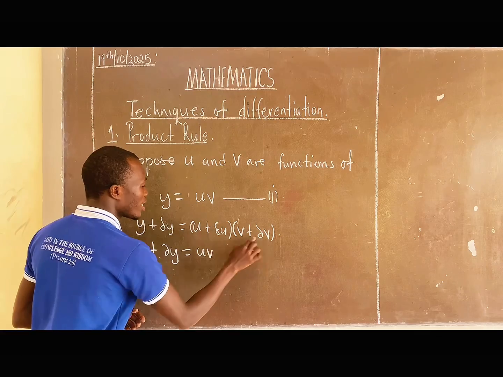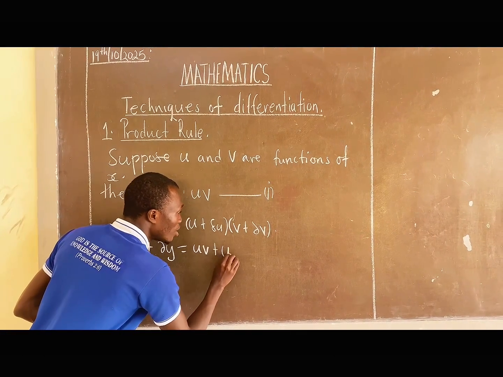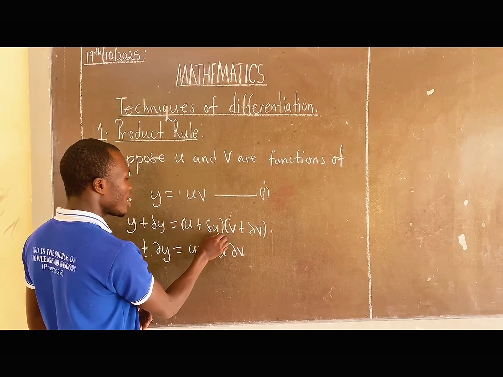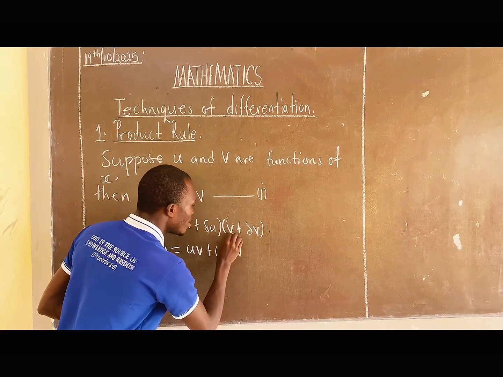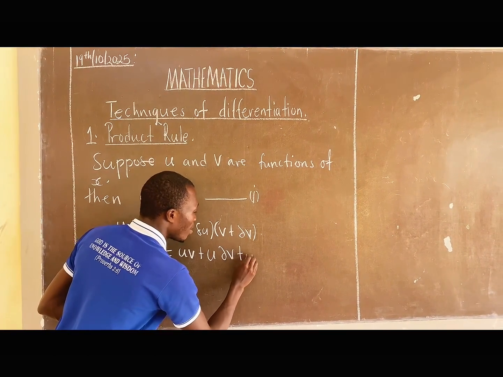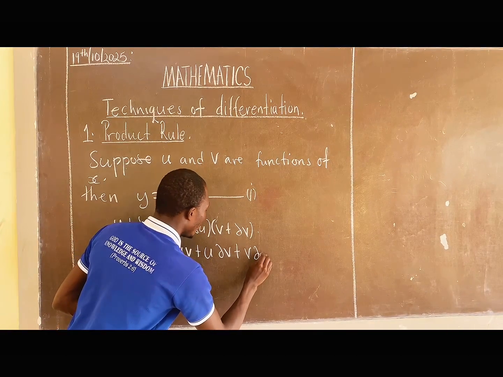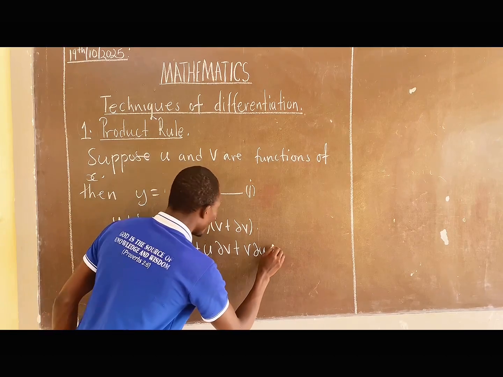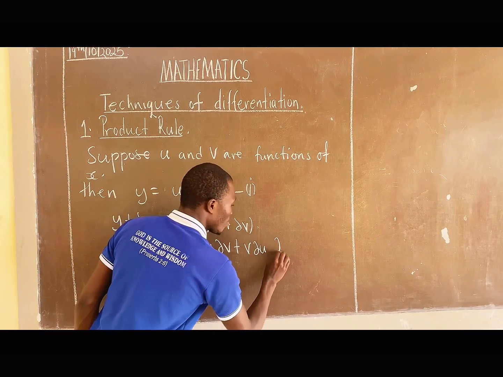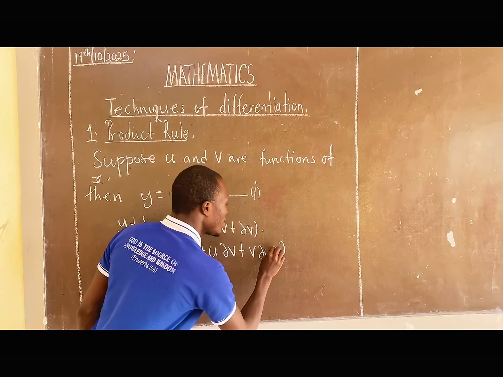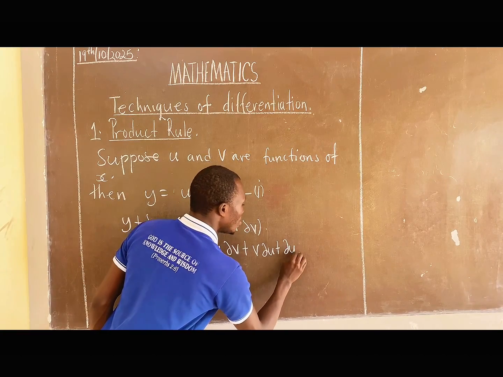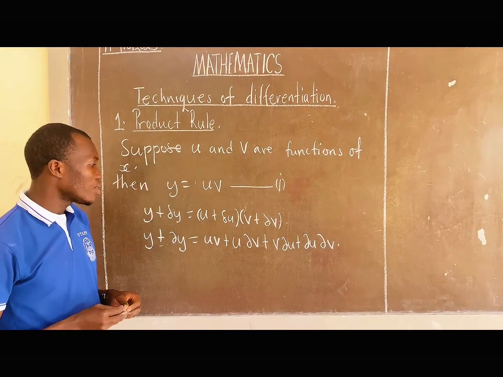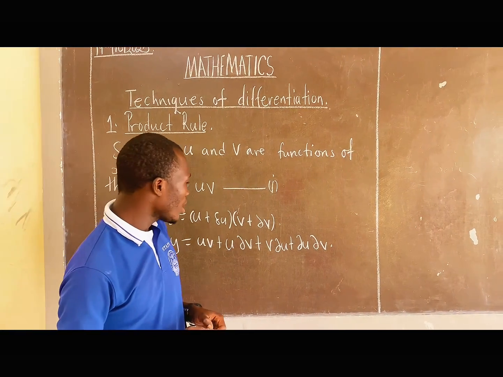Then multiply this and this, we have plus u delta v. Then multiply delta u and this, we have plus v delta u. Then this and this will give us plus delta u delta v.